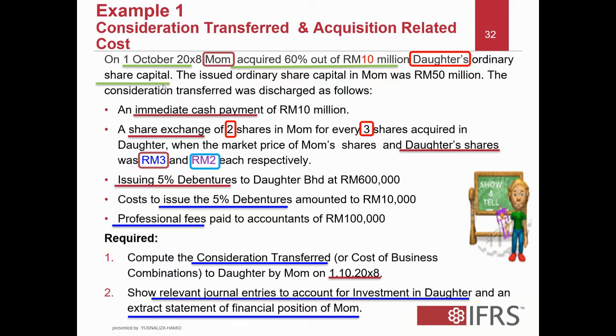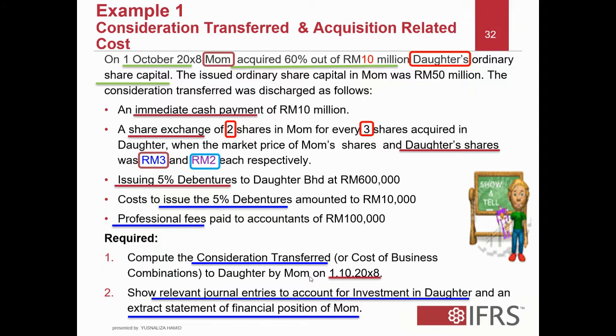And I'm going to proceed with the illustration of how to compute consideration transferred and deal also with the accounting treatment of consideration transferred. In the video before this, I have already gone through the question, and what I'm going to do now is respond to the requirement of the question, which is to compute the consideration transferred to the investee daughter, which is the investee company here, and mom is the investor company, right?